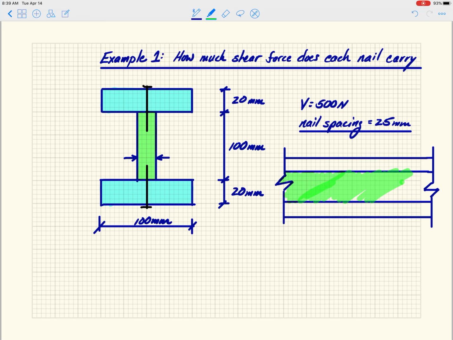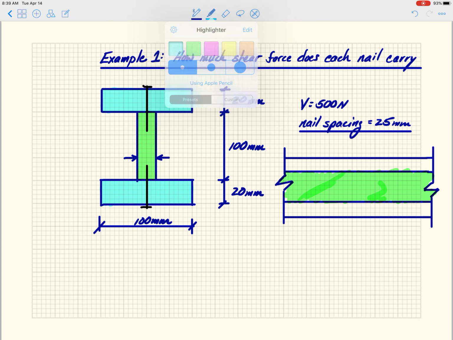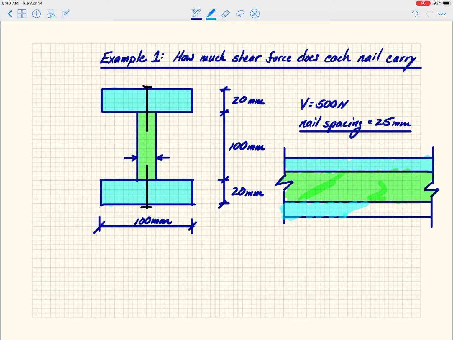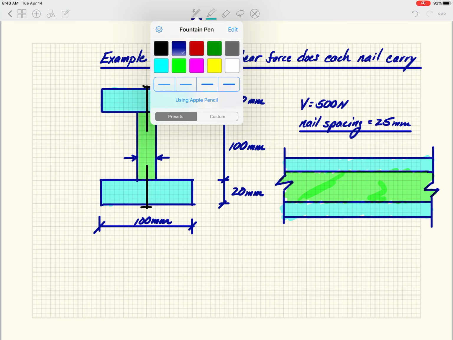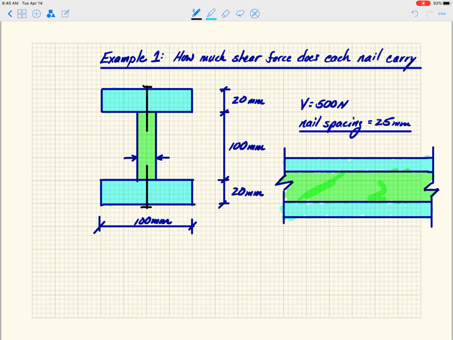So this is the web here, like that. And these here are the flanges. And so really what we're looking at is this spacing here.